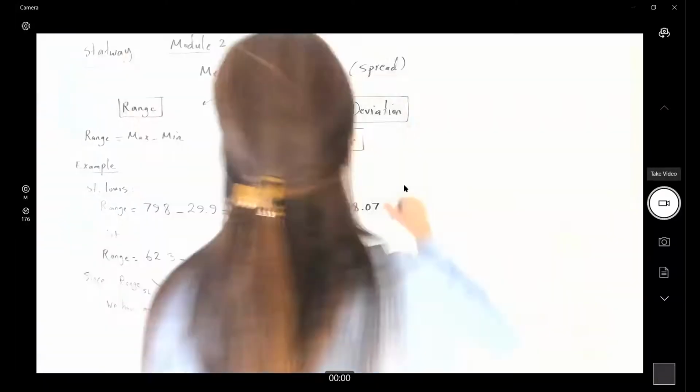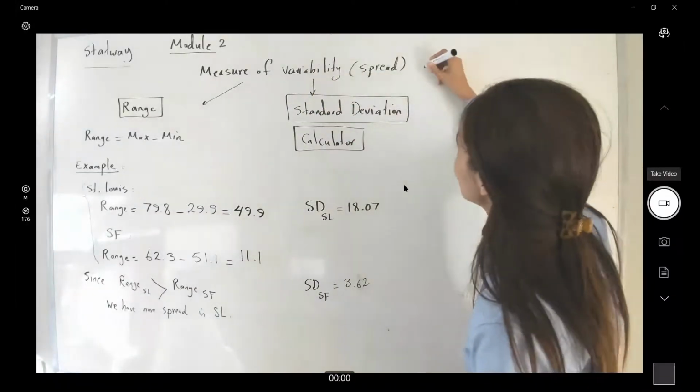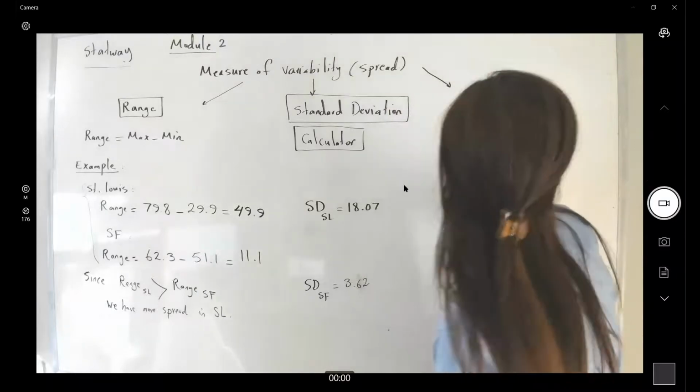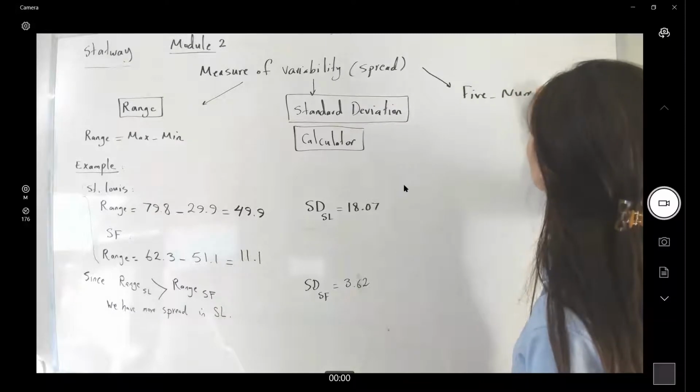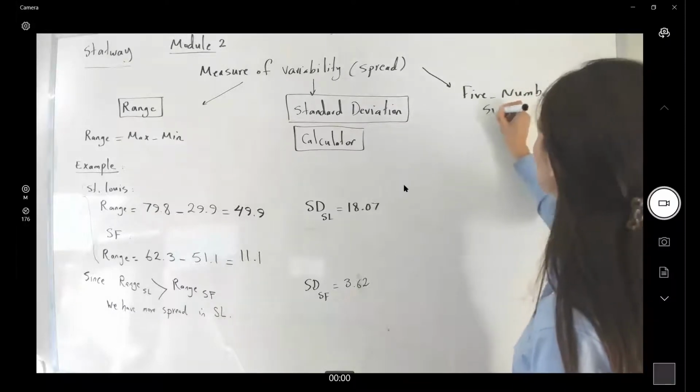So other than finding standard deviation, we can also find the 5 number summary.